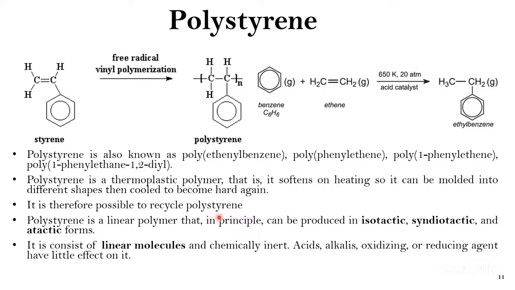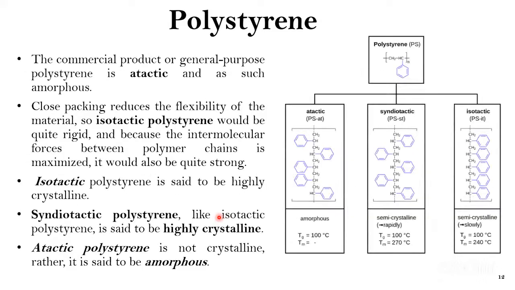Means many acids polystyrene can resist, or alkalis like NaOH, Na2CO3, the basic part, or the oxidizing or the reducing agents have very little effect on it. Basically, the commercial grade of polystyrene is atactic in nature.